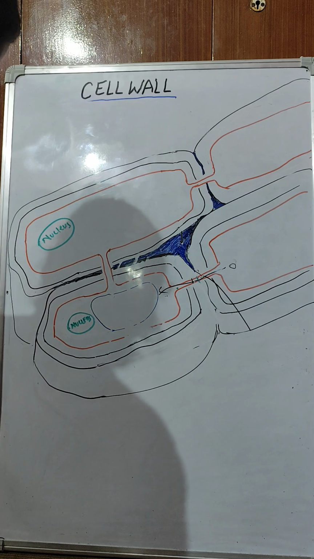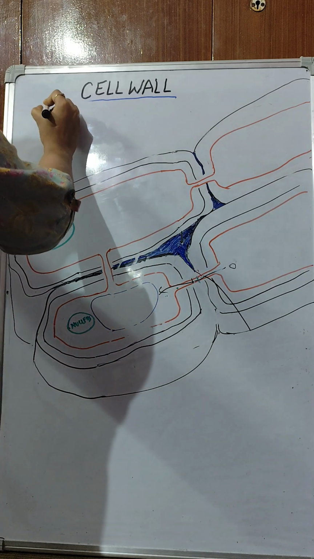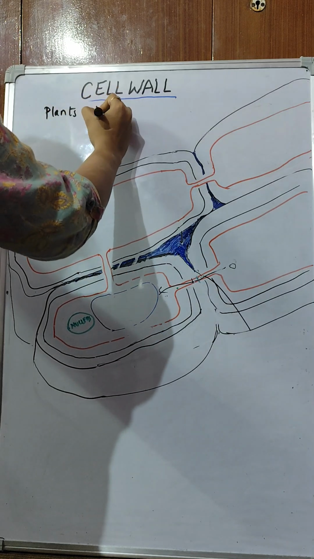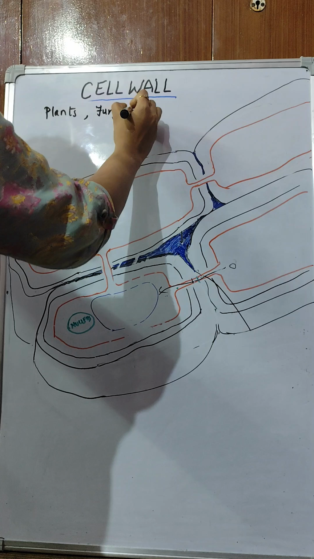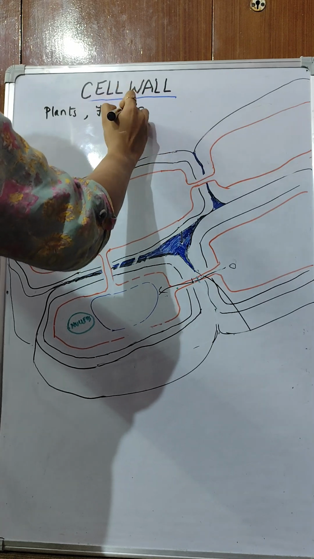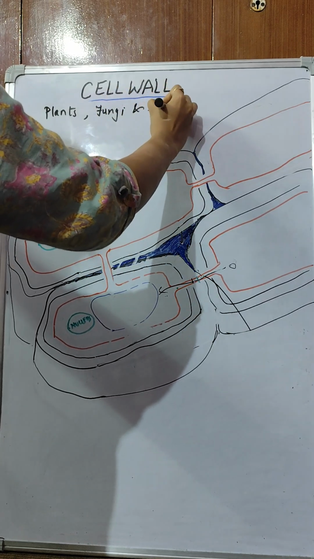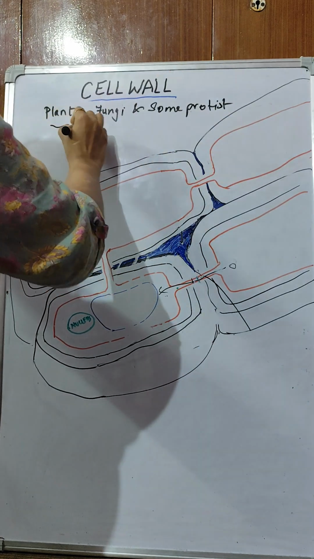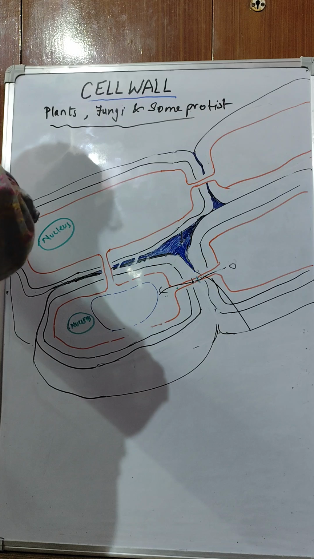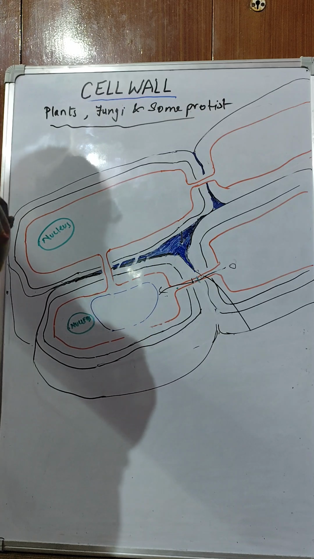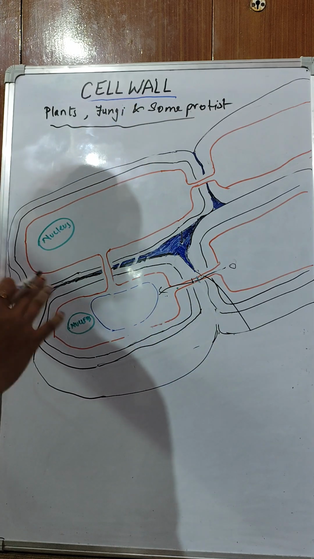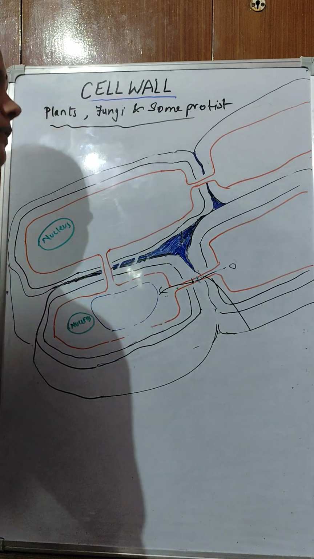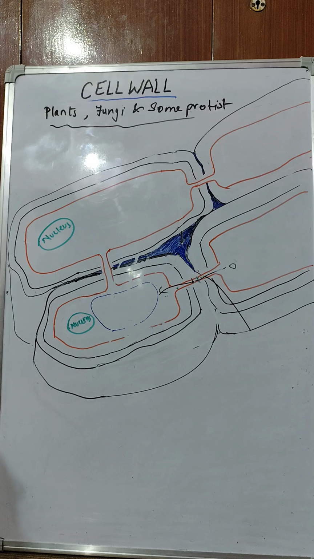It is present only in some plants, fungi and some protists. They contain the cell wall. Otherwise other eukaryotic cells, like animal cells, all the animal cells are devoid of cell wall. So we will see what the cell wall is, how it is formed, and what is its function.